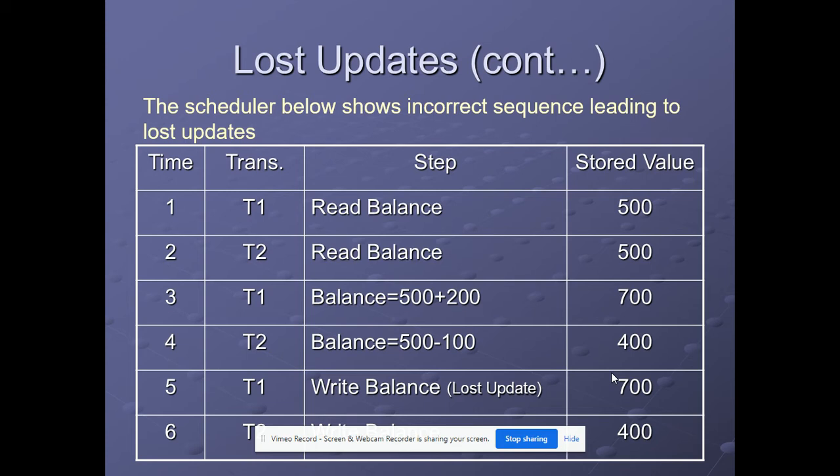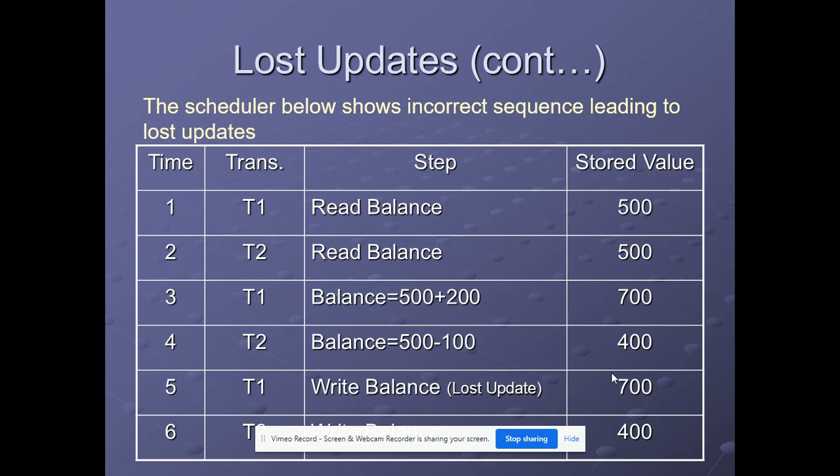The schedule below shows an incorrect sequence leading to lost updates. Read balance 500. Read balance 500. Balance equals 500 plus 200, 700. Balance equals 500 minus 100, 400. Write balance.